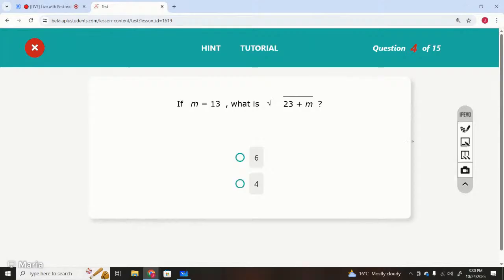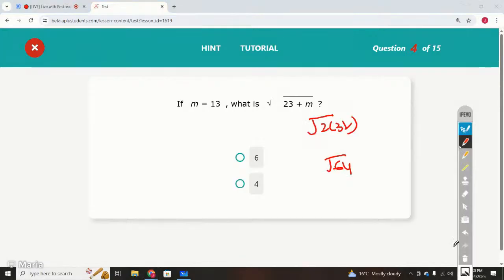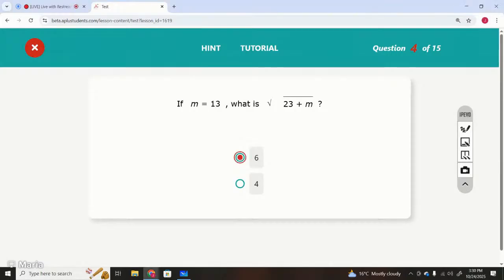If m equals 13, the square root of 23 plus 13. Square root of 36. That is 6. Option number 1 is the correct option.